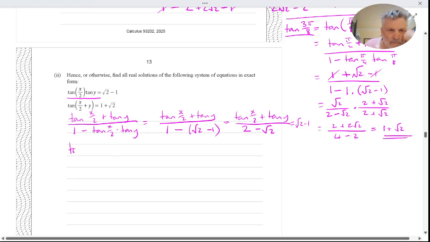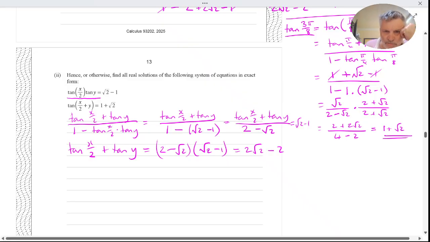So we can rearrange this as tan x over 2 plus tan y is equal to 2 minus root 2 times root 2 minus 1, which is 2 root 2 minus 2 minus 2 times minus root 2 times root 2, which is minus another 2, and then plus root 2. I'm kind of getting that wrong, I think.